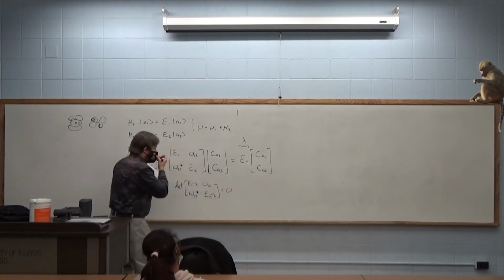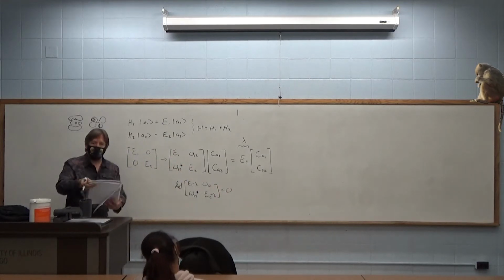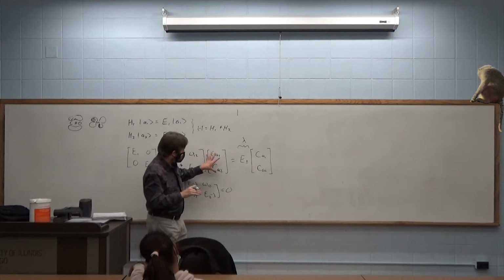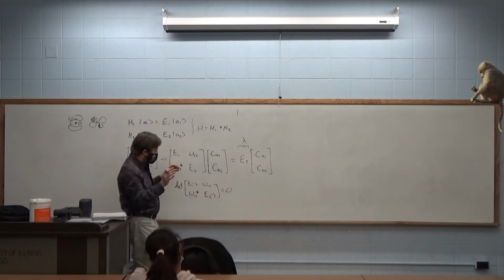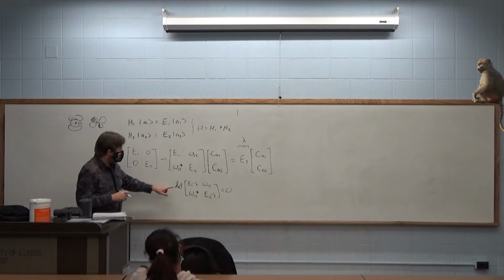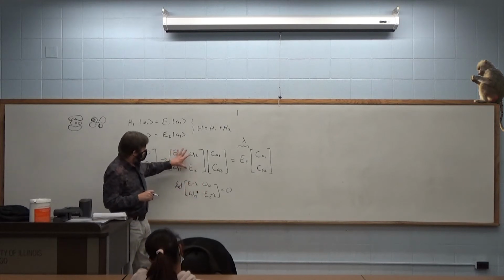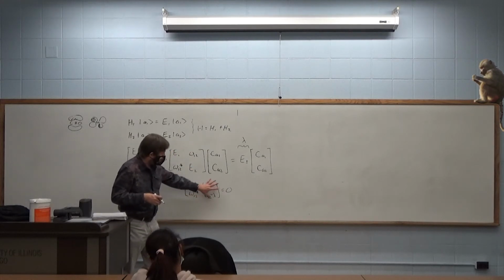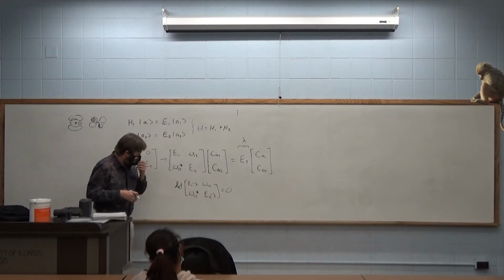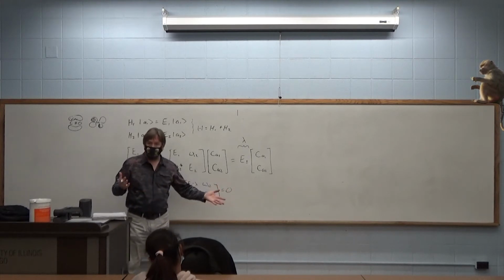For this equation to work, for this times that to equal an eigenvalue times that, for the eigenvalue equation to work, the determinant of the Hamiltonian minus the eigenvalues has got to be 0. And this ends up being a way to solve the eigenvalues.